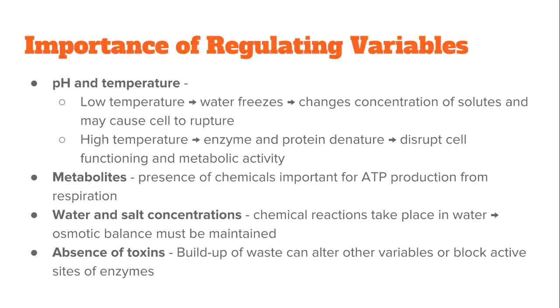That's because most chemical reactions take place in water within our cells, and we need to make sure that osmotic balance, the balance between the water and salt within our cells, is maintained for the enzymes in our bodies to function correctly. And we also need to make sure that our bodies and cells are not built up with toxins or other types of waste, because that can block active sites of enzymes but also can alter the other variables which we've talked about already.